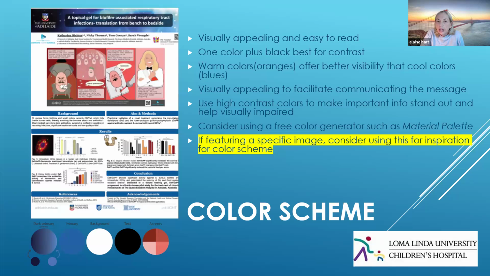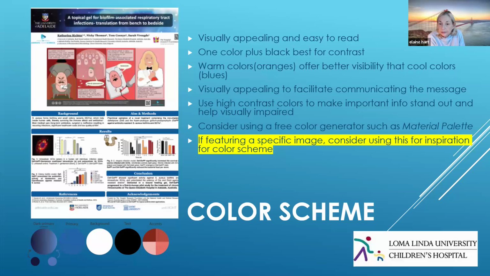You can do, if you want, and some of my posters are like this, one color plus black for best contrast. Warm colors, oranges, offer better visibility than cool colors such as blue. You can use like 4 to 5 colors if you want, but you want a nice, good color palette that comes together and is visually appealing to facilitate communicating the message that you're trying to get across.